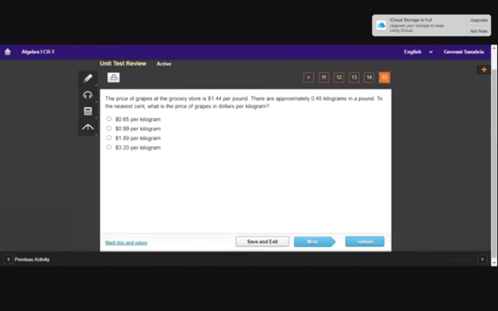What is the price of the grapes in dollars per kilogram, to the nearest cent? Oh, this one's slightly different. I mean, if you just use those two numbers, I'm not sure. I would say because it's 1.50 per pound, right?